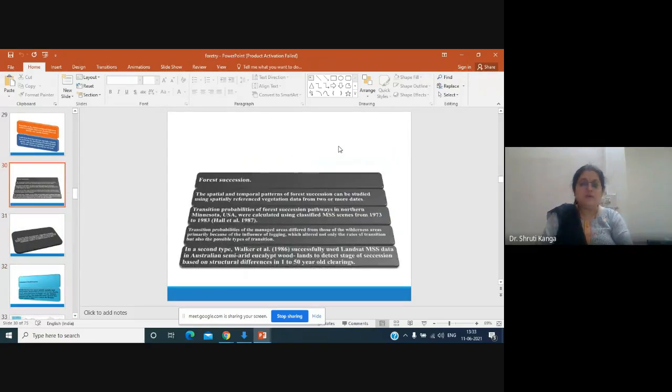Then the forest succession. The spatial and temporal patterns of forest succession can be studied using spatially referenced vegetation data from two or more dates. Succession is something related to the ages of the forest. So with the help of temporal data sets, we can go for studies related to forest succession, or the temporal patterns of forest succession.